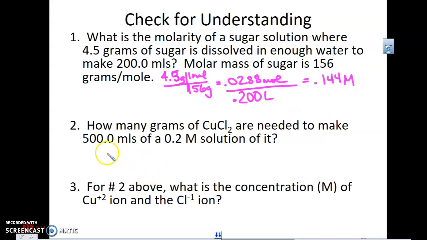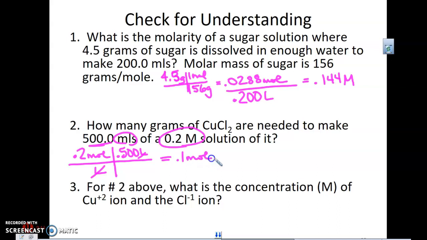Okay. Again, here when you start out with a molarity, go 0.2 moles per liter, multiply by liters. Okay, so get that mils into liters. Okay, they're going to cancel, and you're going to get left with moles, and this is going to be copper chloride. Then just look up on the table, what does copper chloride weigh?